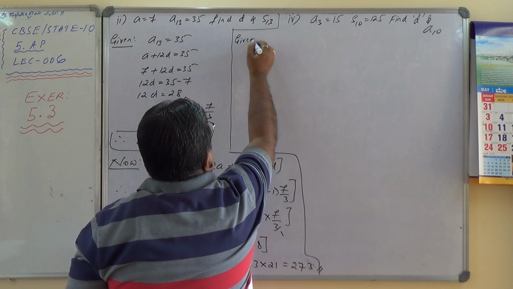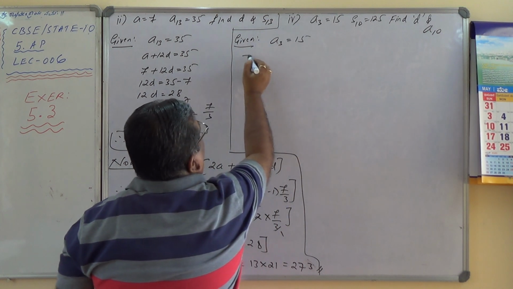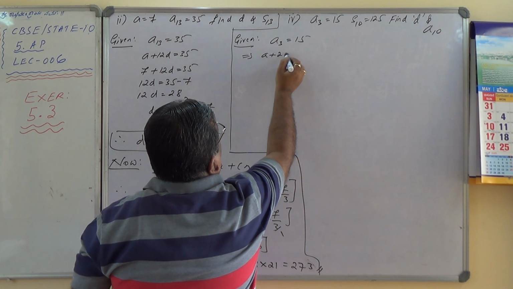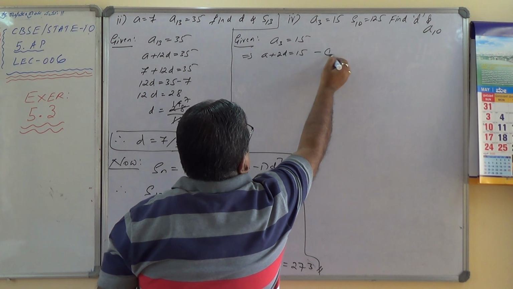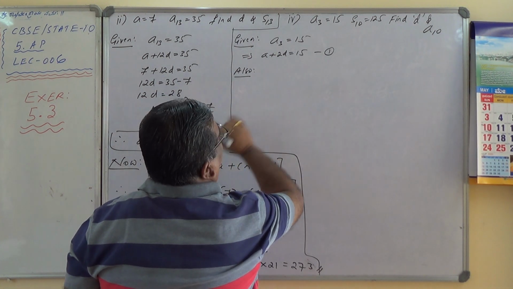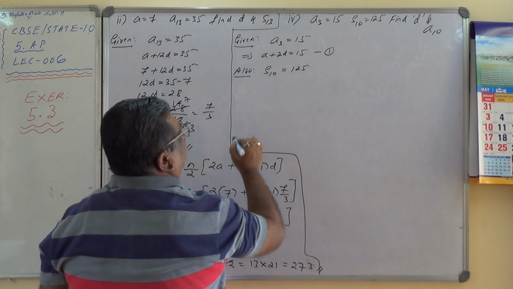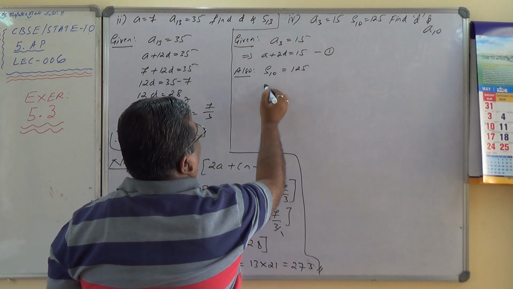Given, A3 equals 15 implies A plus 2D equals 15. Mark it first equation. Also given, S10 equals 125. What is S10 given by?